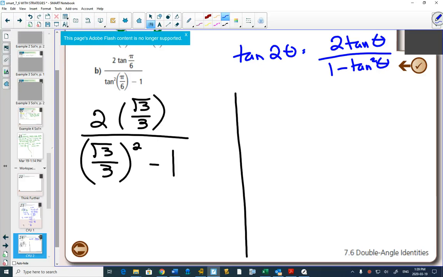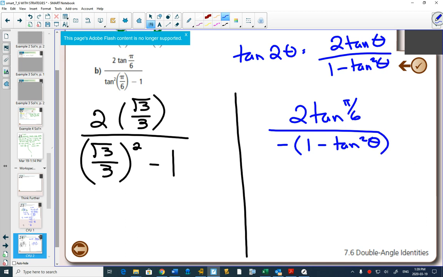How would you get the bottom to look the same? Can you see that if you factored out a negative out of the bottom, the 1 would become positive? And the tan squared would become negative? But it still doesn't quite match the formula, right? Because now there's a negative on the bottom side of your fraction.